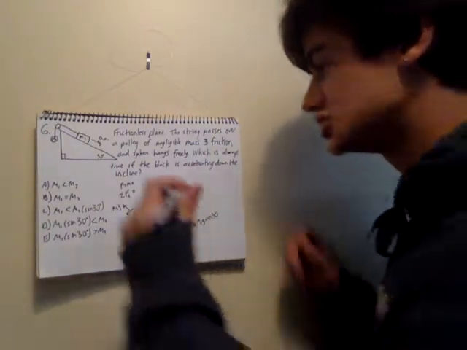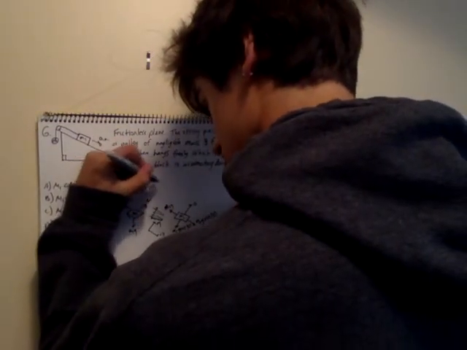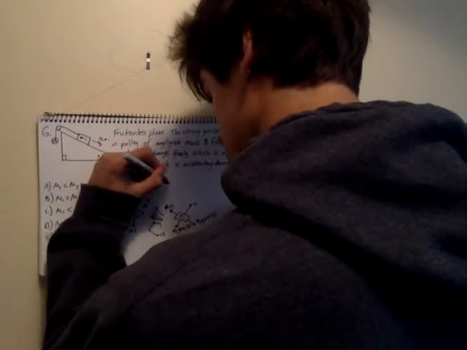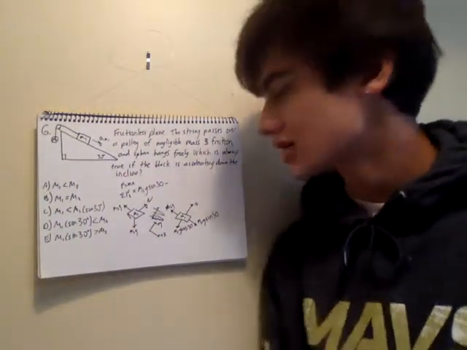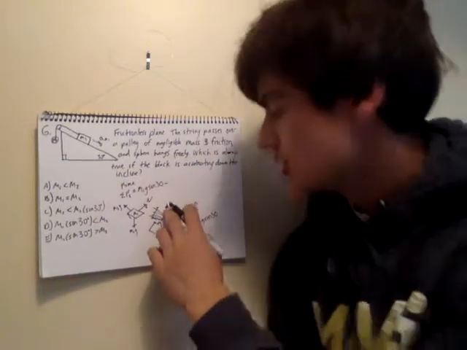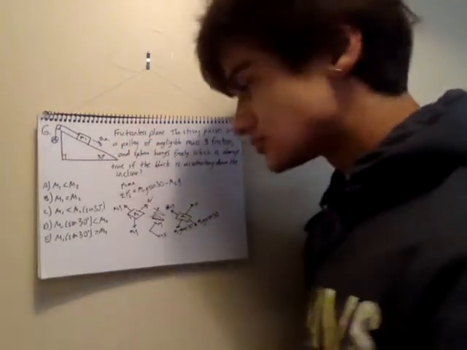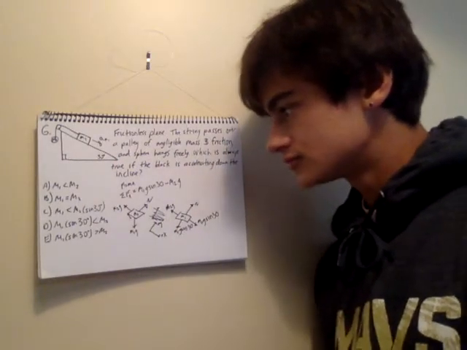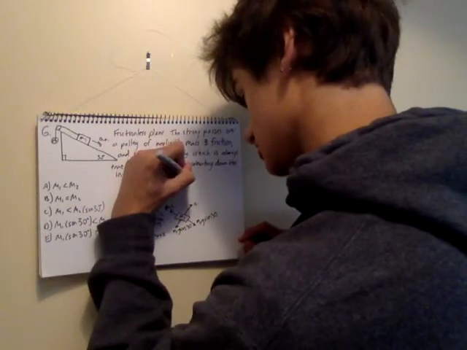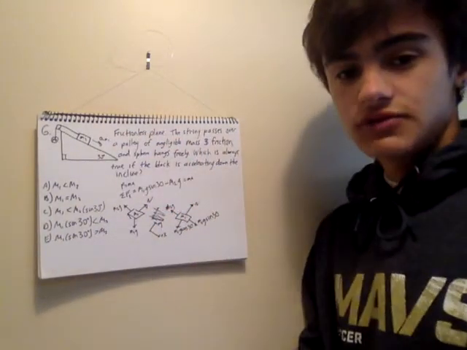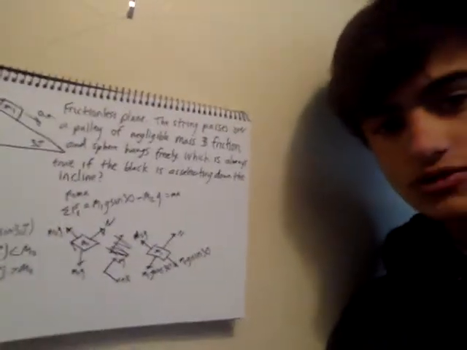That's going to be M1g sine theta, which is 30 degrees. Subtract the force pulling it in the negative x direction, which we have here, M2g. And this, of course, is equal to mass times acceleration. Now that we've done that, let's bring this a little closer so we can all see.